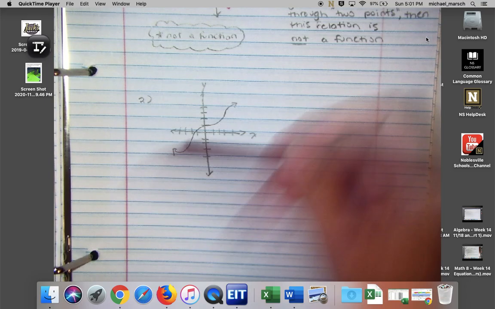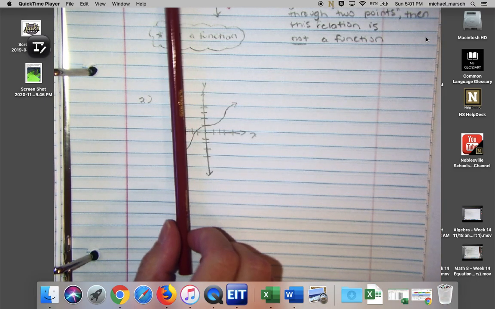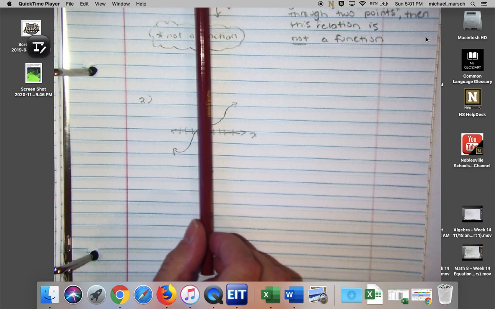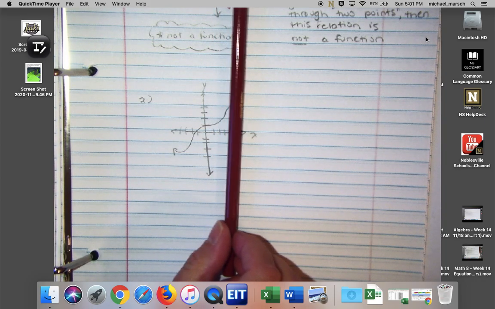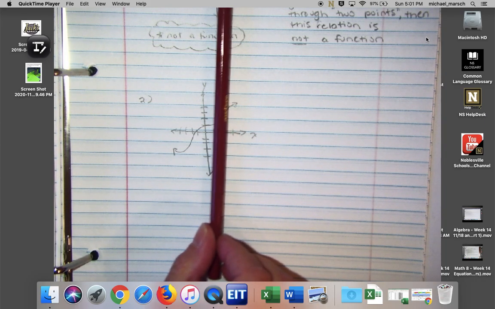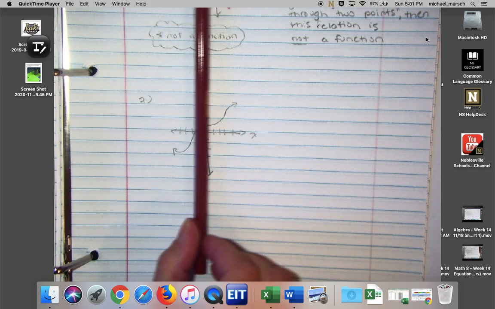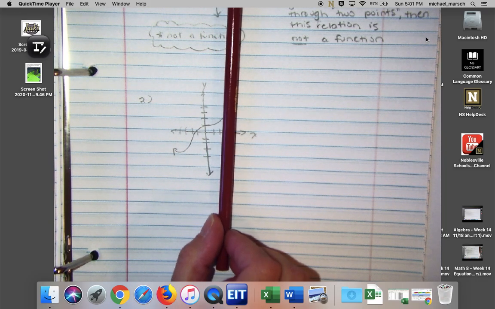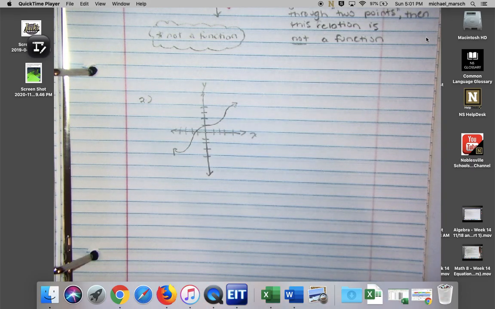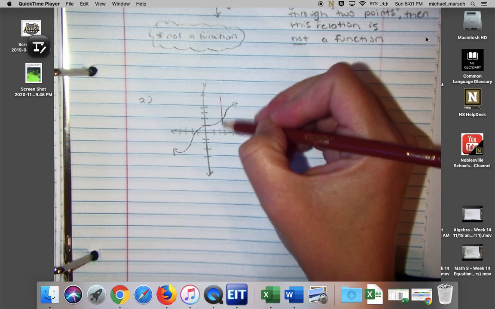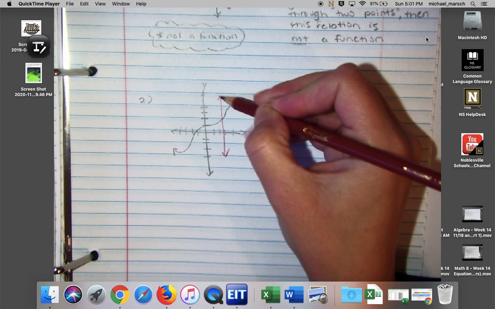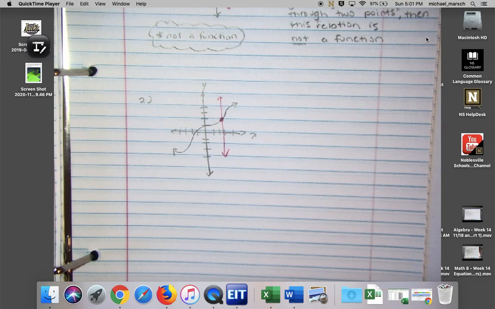And then if I put a vertical line anywhere on this graph, so pretend like this red pencil is my vertical line. If you look, it does not go through 2 points at any location. It's curvy, which is weird, but it does not fail the vertical line test. So for example, if I were to draw my vertical line right here, it only goes through that curvy line in one place.